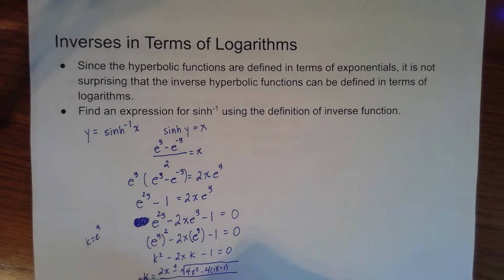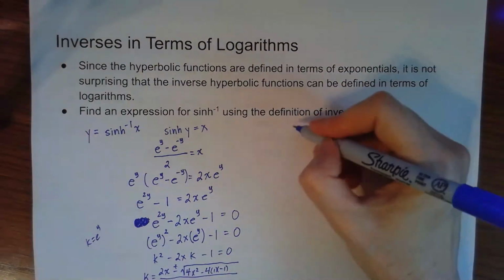Okay, so our k, which is really e to the y, is equal to 2x plus or minus the square root of, and this will be 4x squared plus 4, all of this over 2.